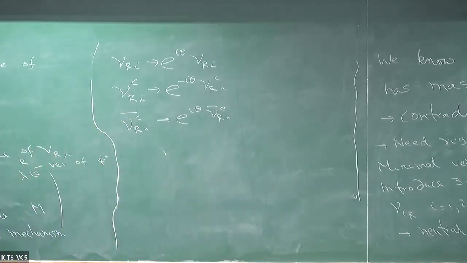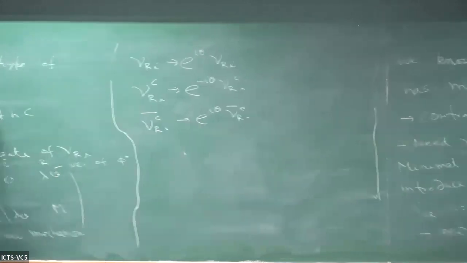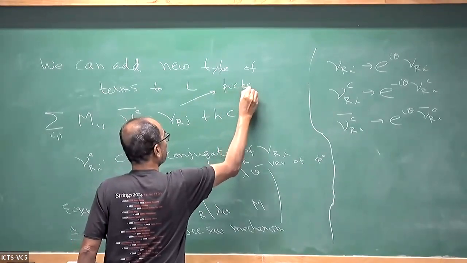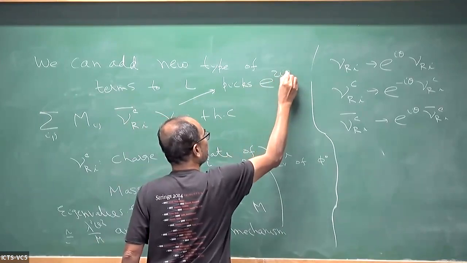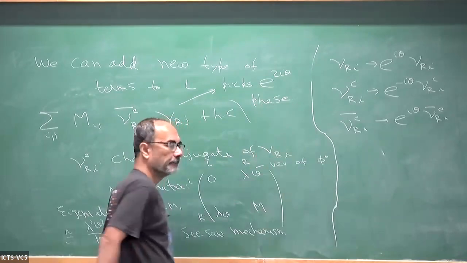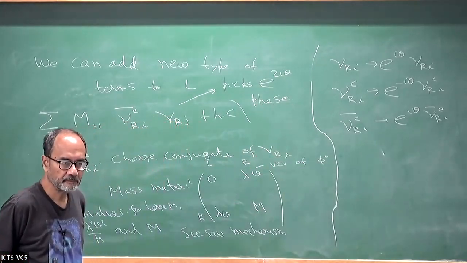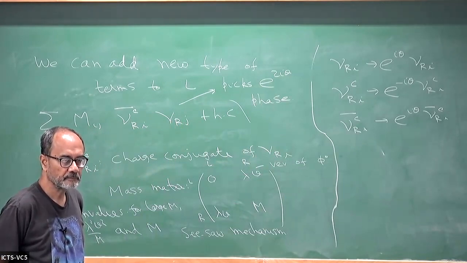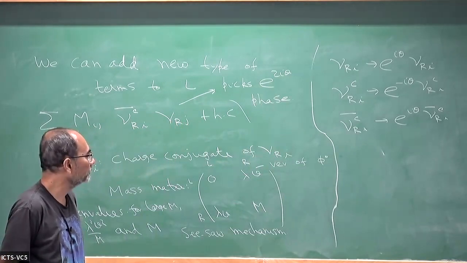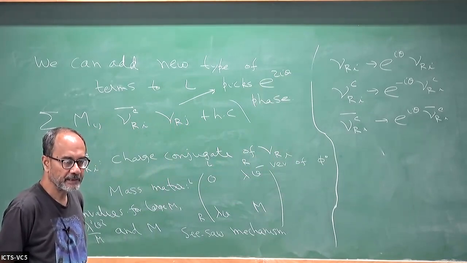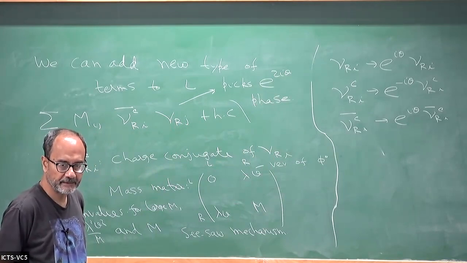So this term that you have written, well, there is Hermitian conjugation always, this term as you have written picks up a phase e to the 2 i theta. So this violates L, and hence it also violates B minus L.